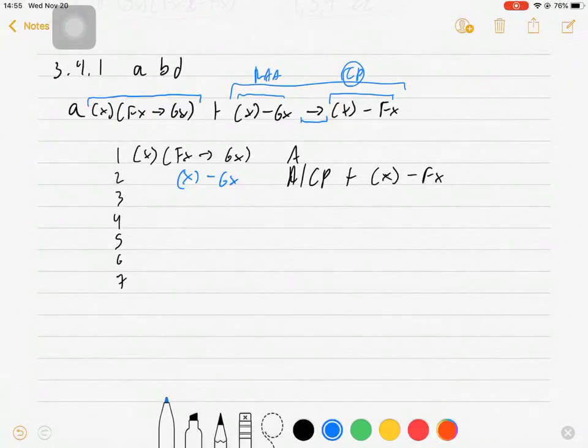And from here, since we have 2 universals, we're just going to be able to use UE on both of them. Let's start with line 1, and then line 2. Then we can do modus tollens.